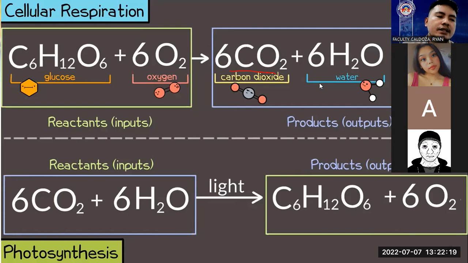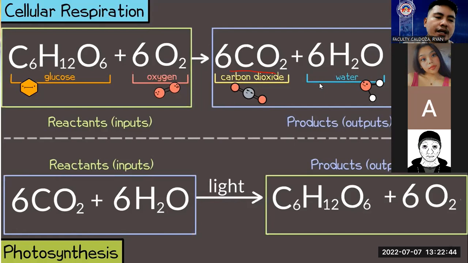Ngayon, in photosynthesis naman, class, the glucose here is being produced, binubuo. Kumbaga, pinoproduce natin siya. So magkaiba. Sa cellular respiration, class, the glucose is being broken apart. Whereas for photosynthesis naman, class, the glucose is being produced.